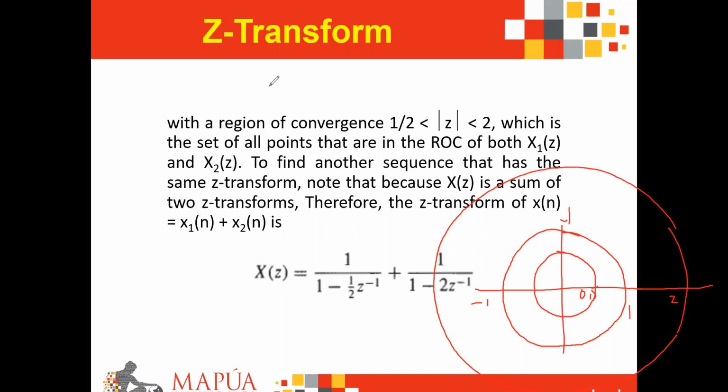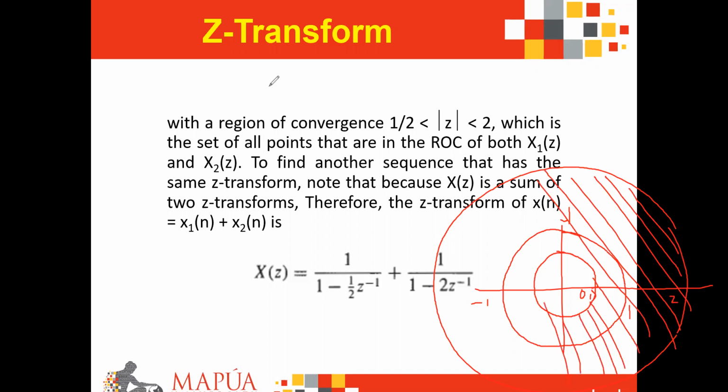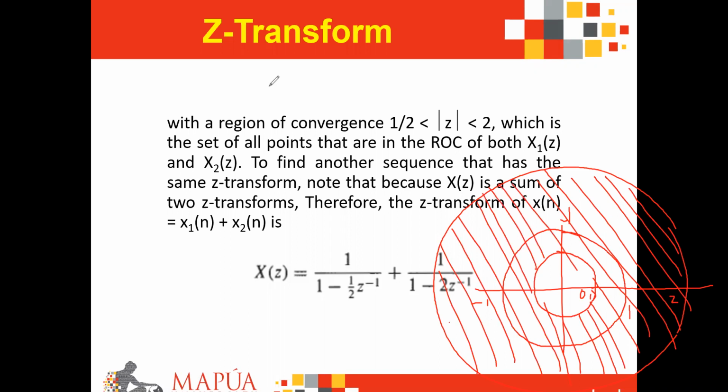So, in between that, that is your region of convergence. So, parang mula rito hanggang dun. Parang donut siya. Ayan. Ayan yung naging region of convergence. Kasi dalawa yung signal, eh, no? Inadd natin. So, naging ganyan yung region of convergence. Okay?